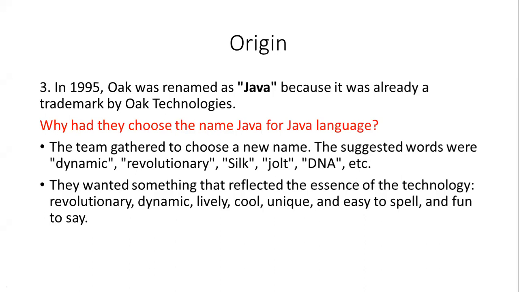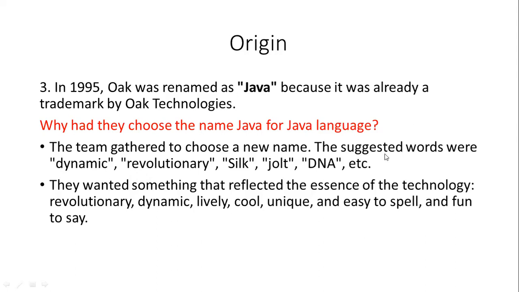Then in 1995, Oak was renamed Java, because Oak was already a trademark of Oak Technologies. Why did they choose the name Java? The team gathered to choose a new name.